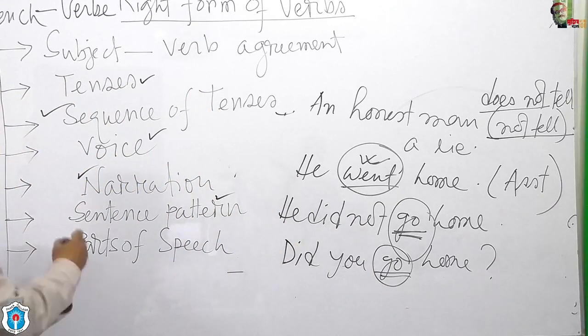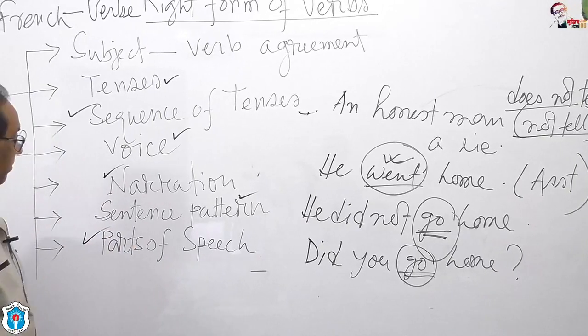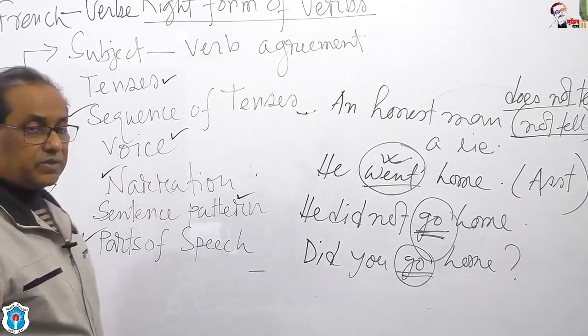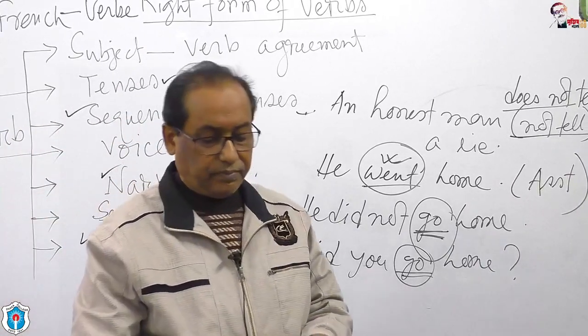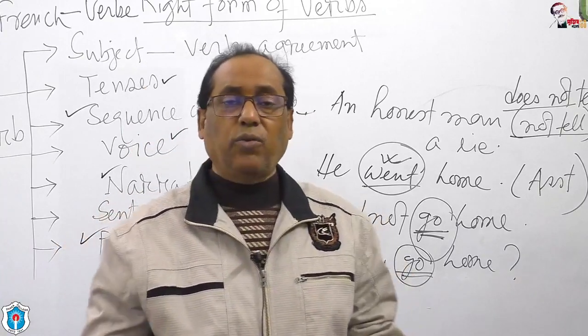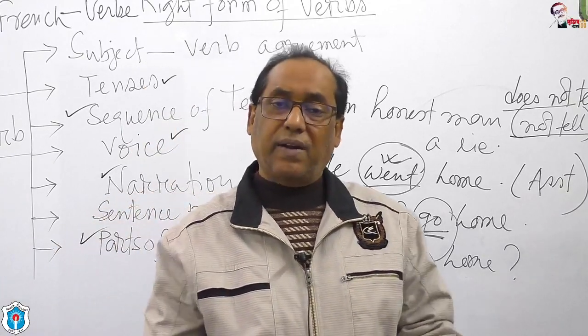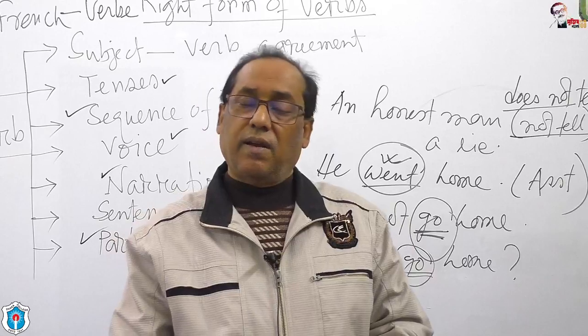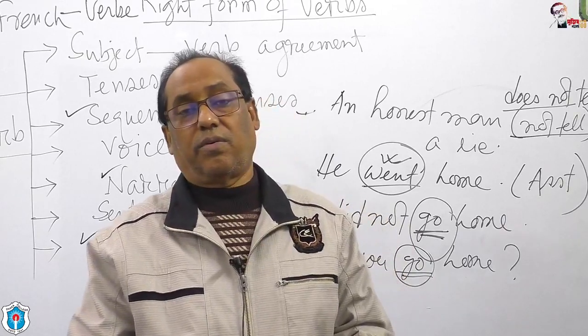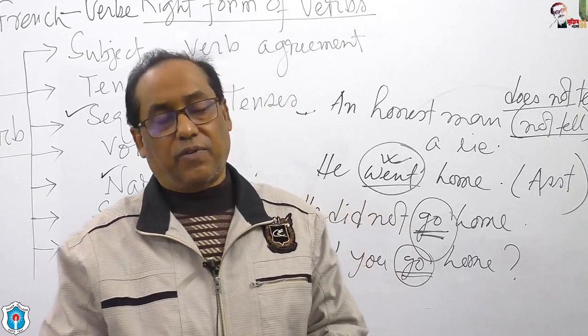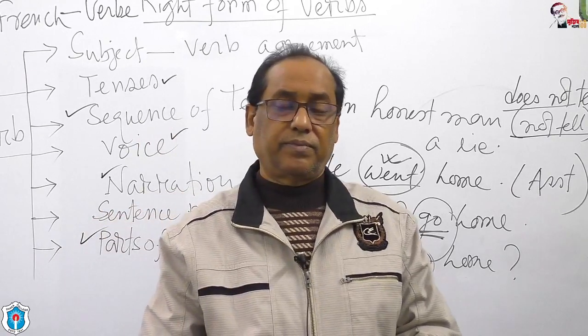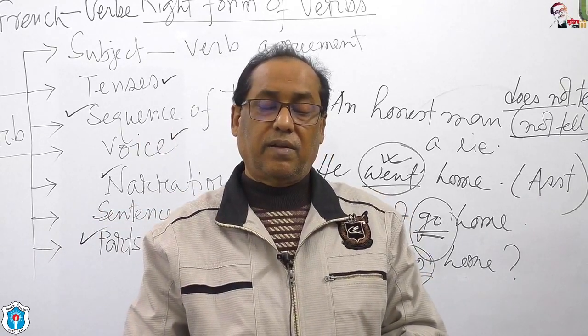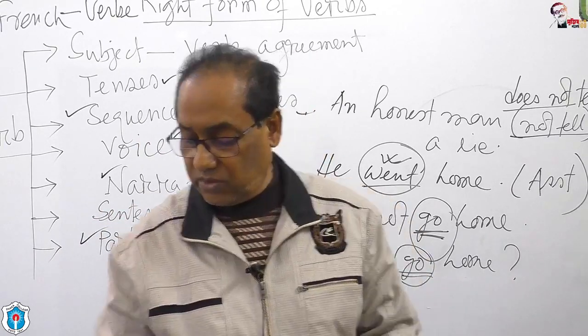And the last item that I want to mention is parts of speech. In one way or another, parts of speech are related to right form of verbs. How? Think of preposition first.